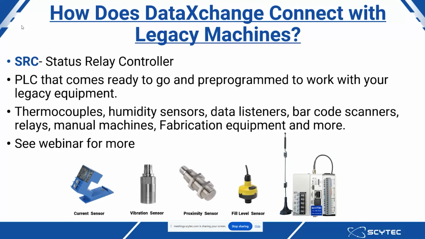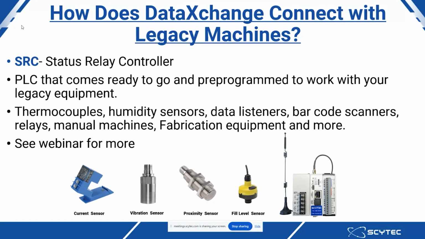So at the bottom, you can see things there like a current sensor, vibration sensor, proximity sensor, fill level sensor. Those are some sensors that you can wire into this device and then pull off information that you would need from them. And we can also pull information off of sensors like thermocouples, humidity sensors, data listeners, barcode scanners, relays, manual machines, and as I mentioned earlier, fabrication equipment.